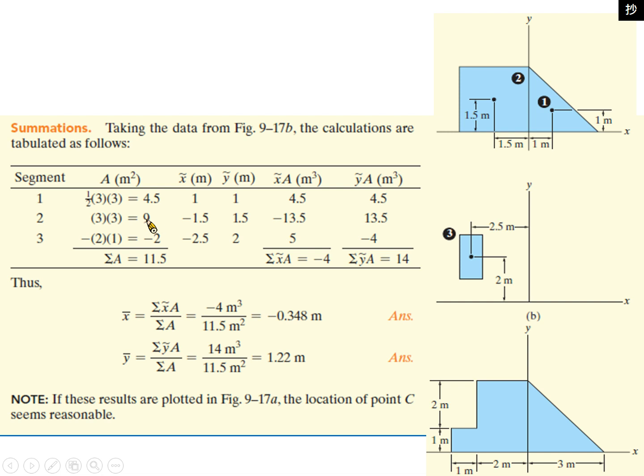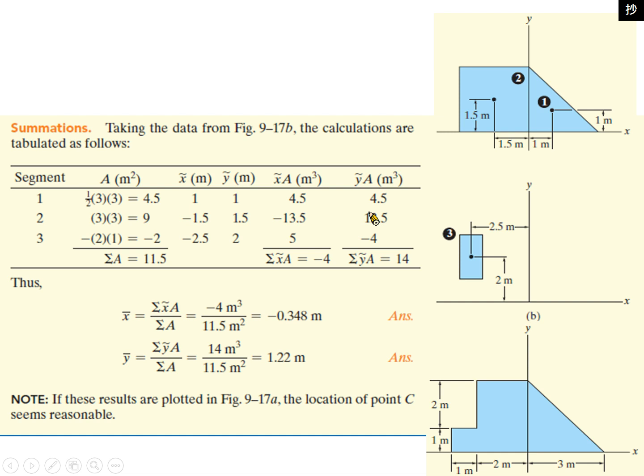So we have area 9 times negative 1.5, which is negative 13.5. Okay, because the direction here is negative. Then for y value, which is positive because they are all above the x-axis, so there is no doubt, it is 1.5. So we use 1.5 times 9, and then we get 13.5.